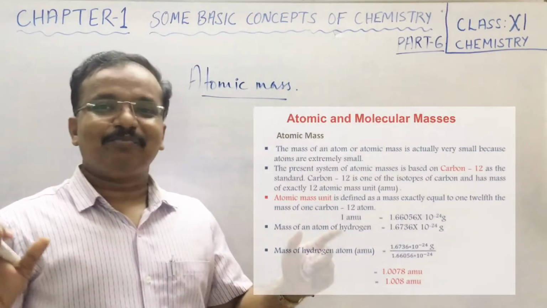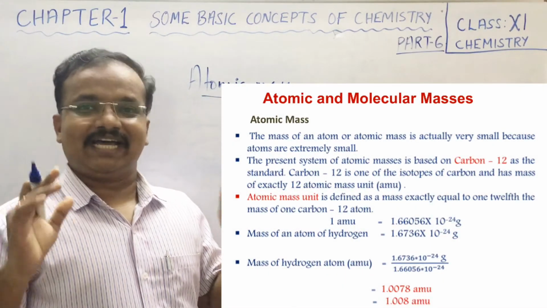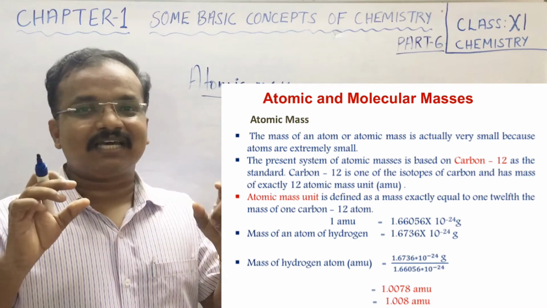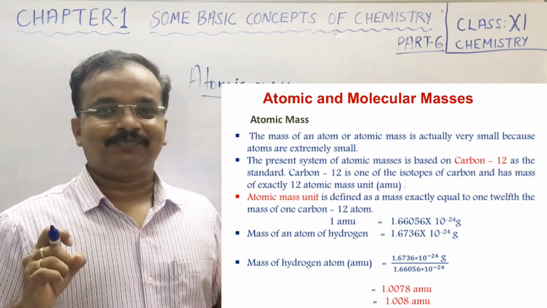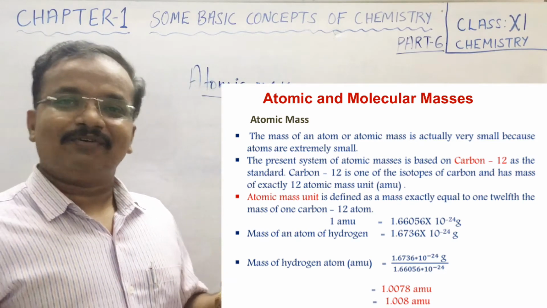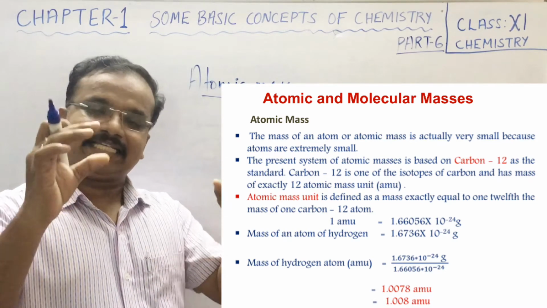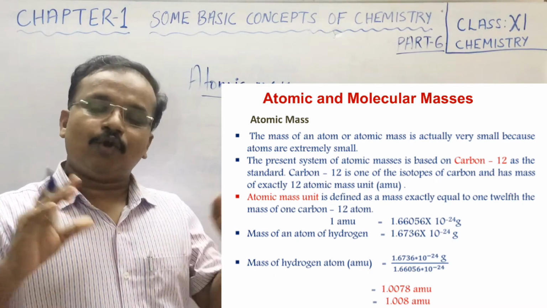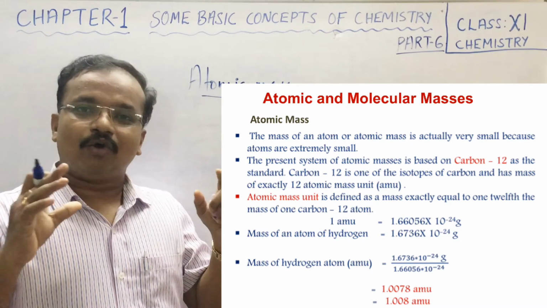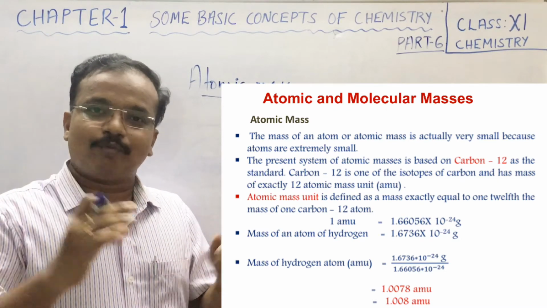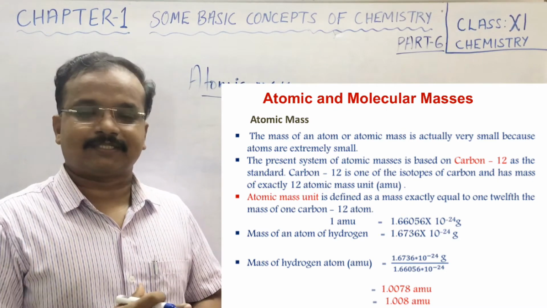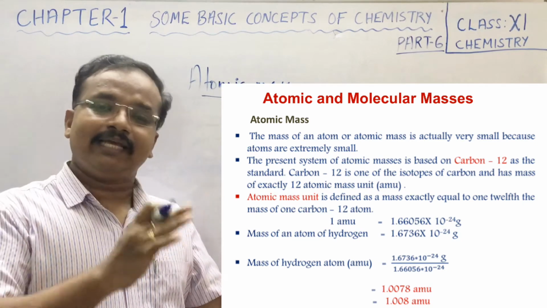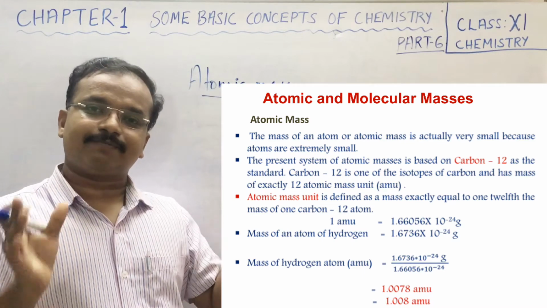The mass of an atom is actually very small because atoms are extremely small. Nowadays we have spectroscopy and other methods to measure accurately the mass of an element. In olden times, there were no such microscopic measurements, so scientists related the mass of an atom with respect to another atom.